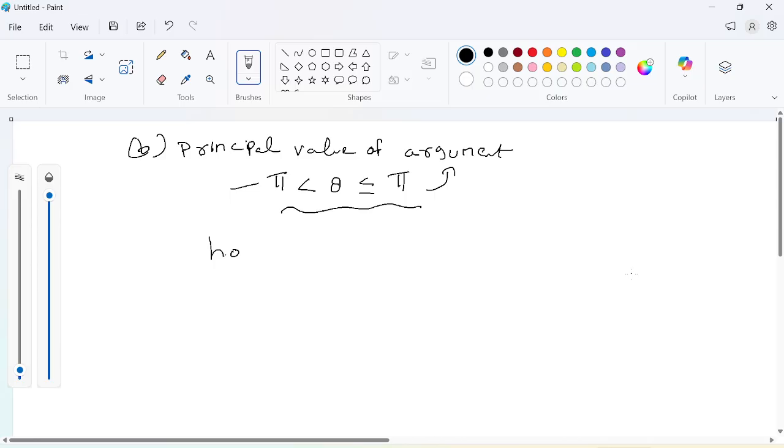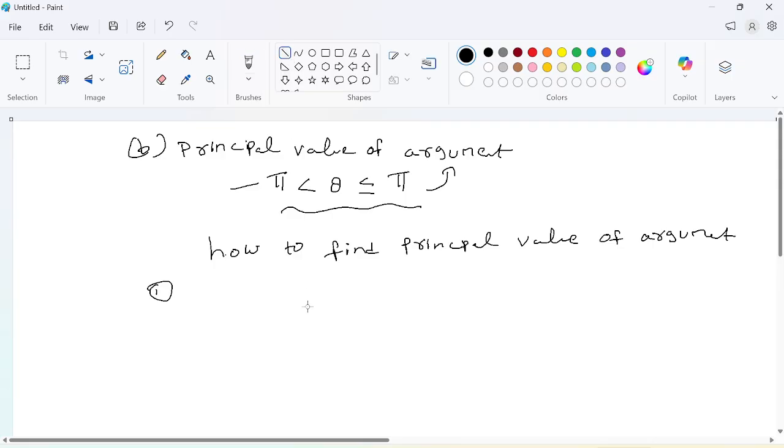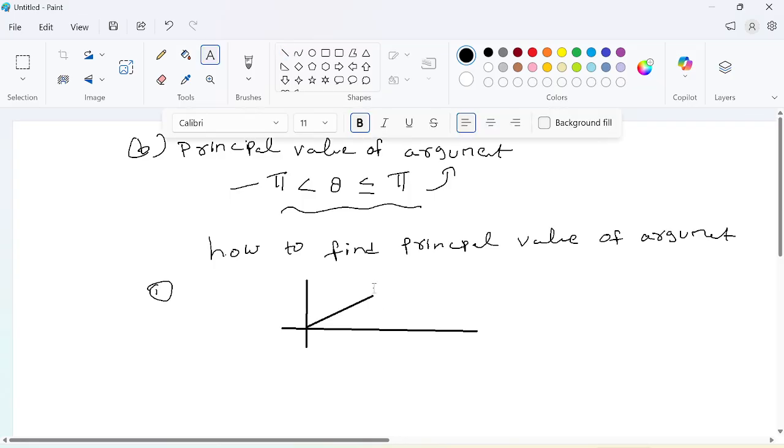Now case 1, the first case. Let me draw like this. I have my Argand plane representation, and my complex number P lies here.